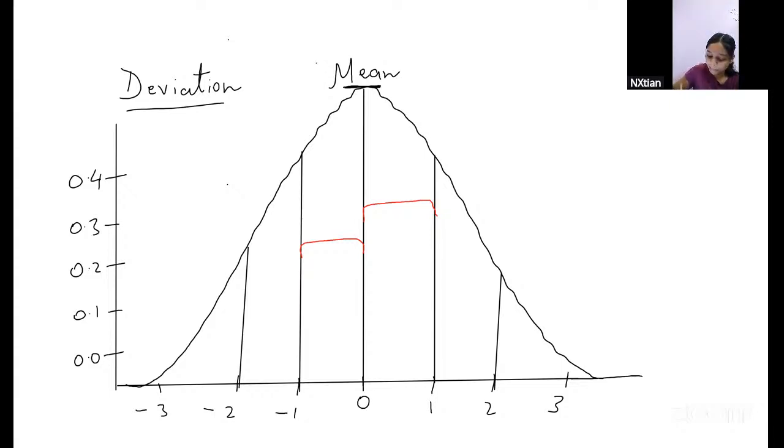This is the mean, the original position of the data, and here the dispersion is taking place. So this is known as deviation, a little bit of dispersion of the data from its original value.